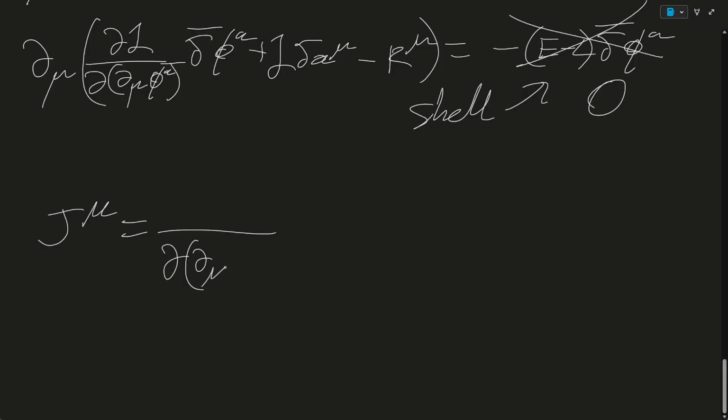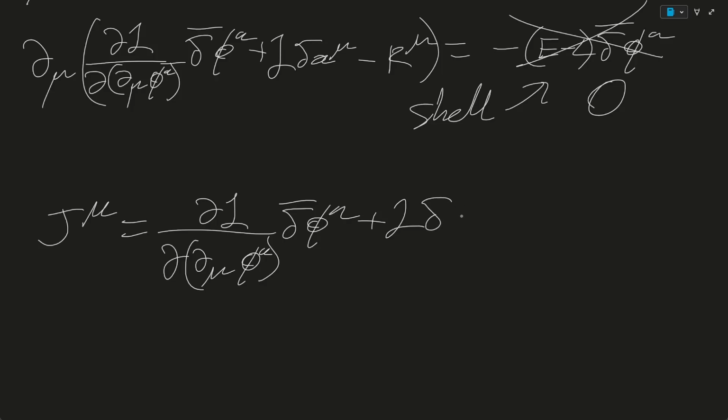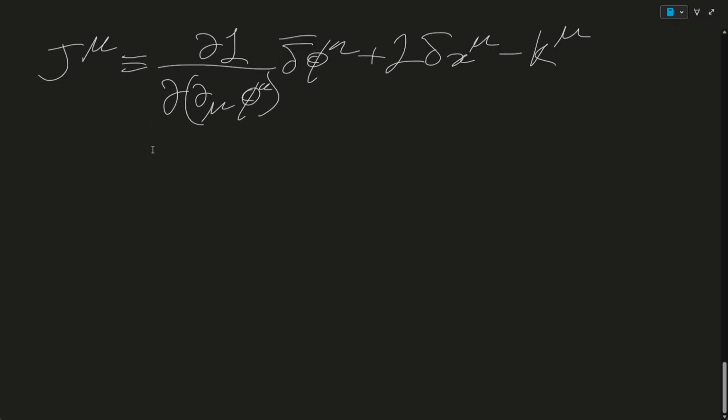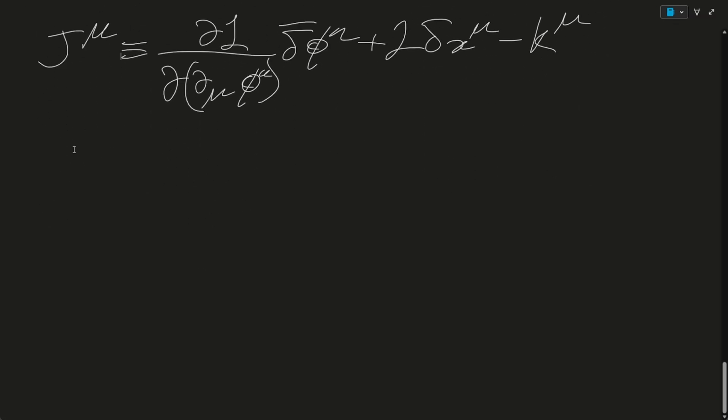It's the derivative of the Lagrangian density with respect to the derivative of phi to the A, times the intrinsic change in my scalar field, plus the Lagrangian times the change in x to the mu, the position, minus our vector field. It should be equivalent. Remember, Noether was a mathematician, fairly rigorous. And now I can stop writing all of this stuff out because I've defined it.